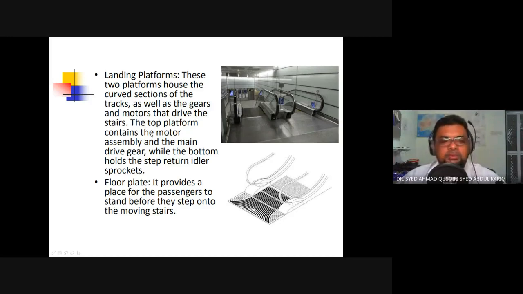The top platform contains the motor assembly and main drive gear, while the bottom holds the step return idler sprocket. So only one of these platforms is powered by an electric motor. The other one is just a sprocket that returns the step upwards.